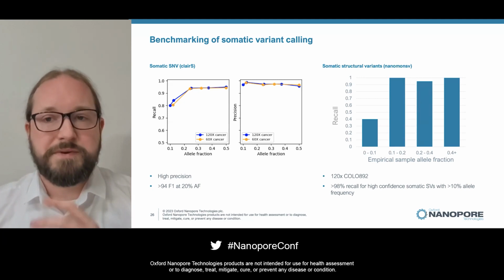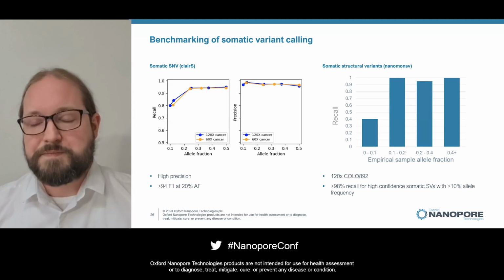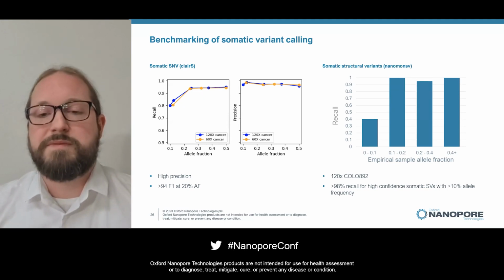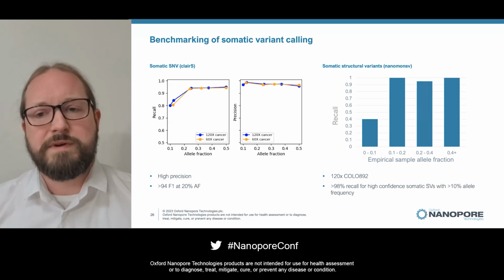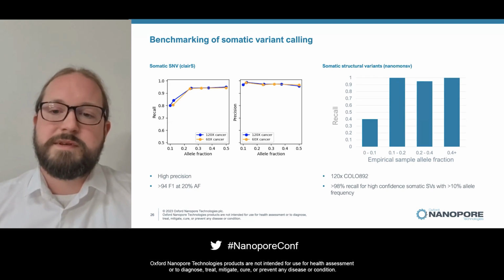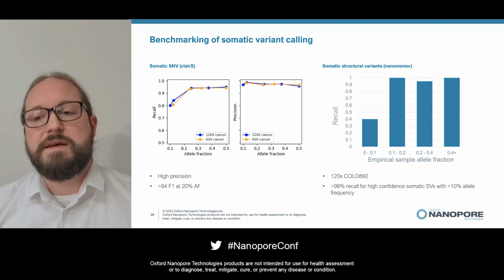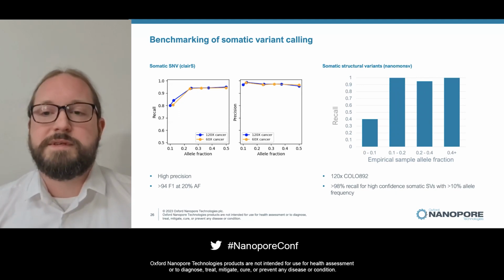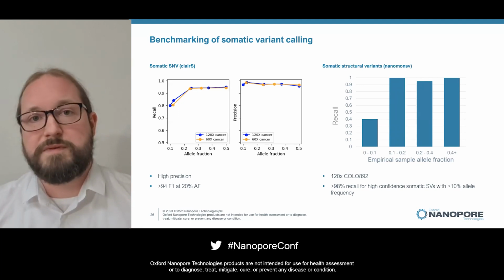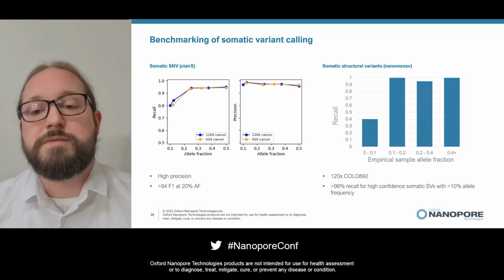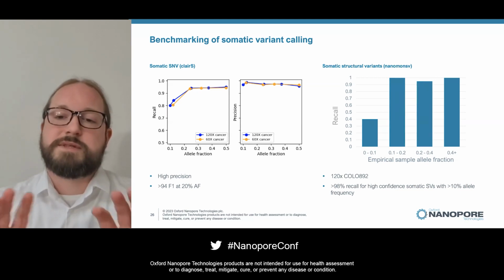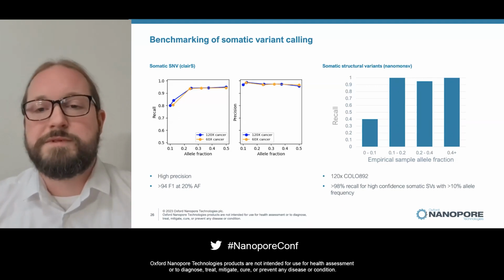So we rely on a truth set that exists, a multi-platform truth set, and basically chose high-confidence variants and split them by allele frequency. What we found is that down to 10% allele frequency, we found more than 98% of the expected SVs. So in our case, we basically just missed one here. Again, this is just an indication of what performance you would get.